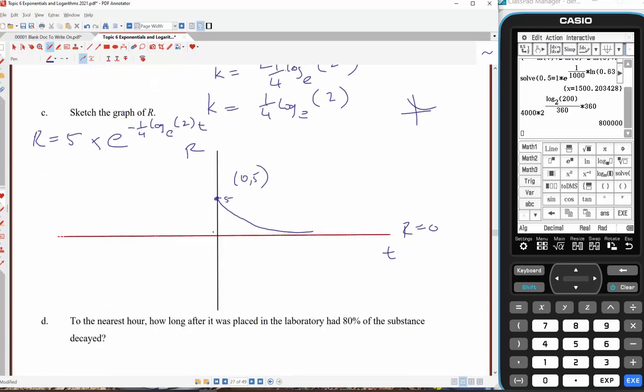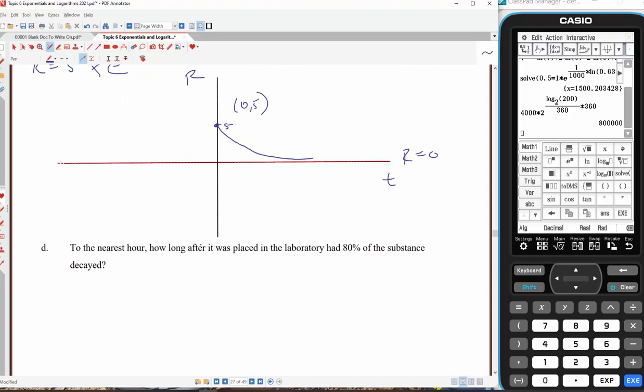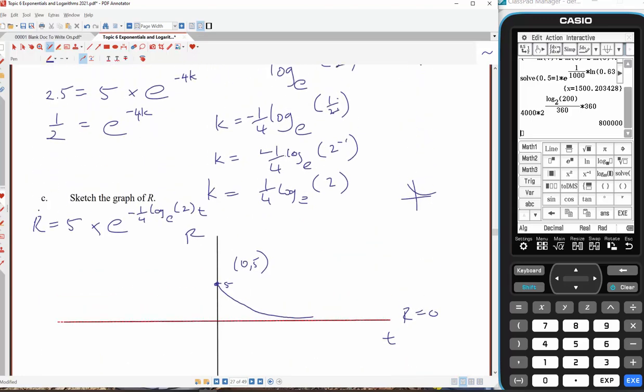So there's our graph. To the nearest hour, how long after it was placed in the lab had 80% of the substance decayed, i.e. was there 20% left? Okay, so there's two ways of doing it.